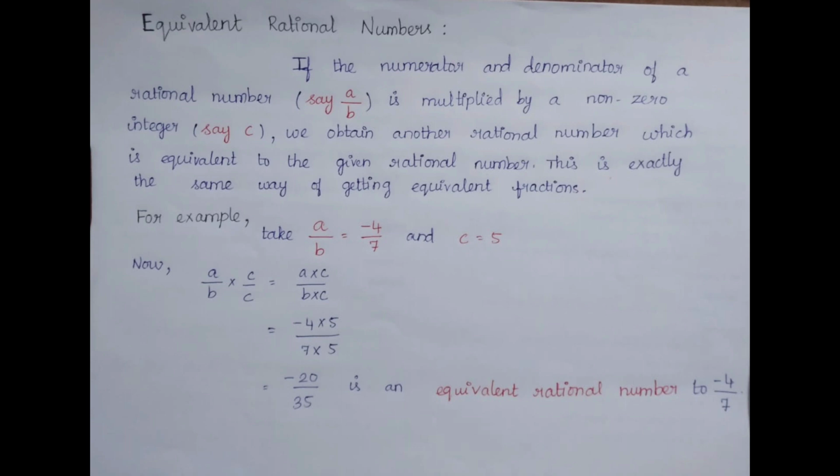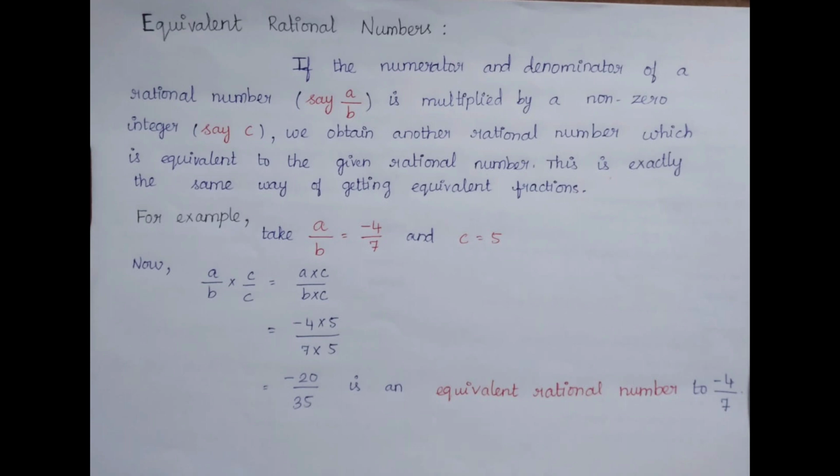That is, if the rational number is multiplied by a non-zero integer c, we obtain another rational number which is equivalent to the given rational number. This is exactly the same way of finding the equivalent fractions.